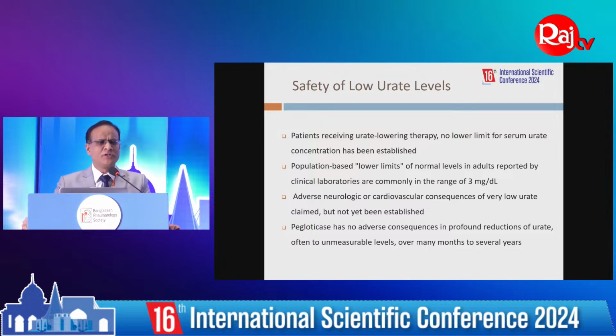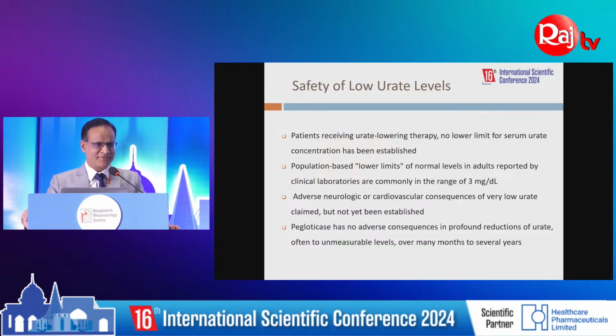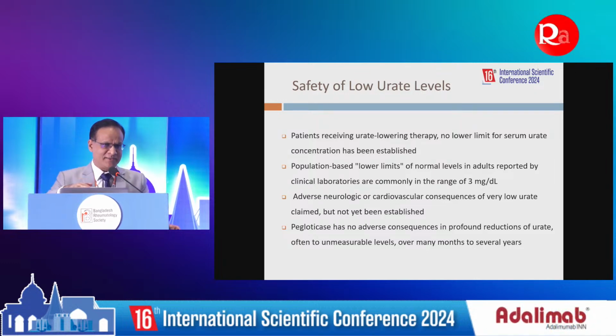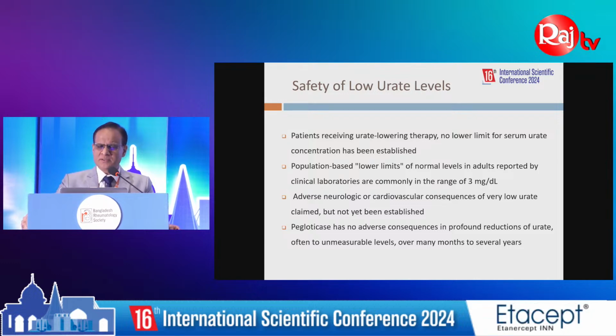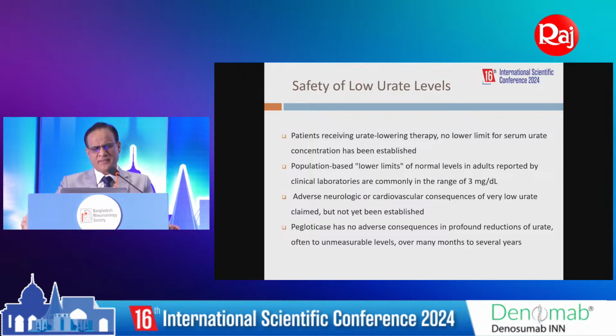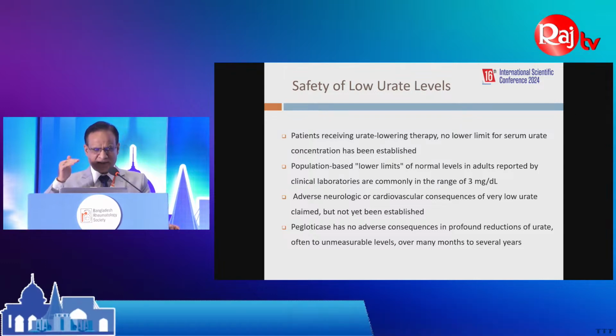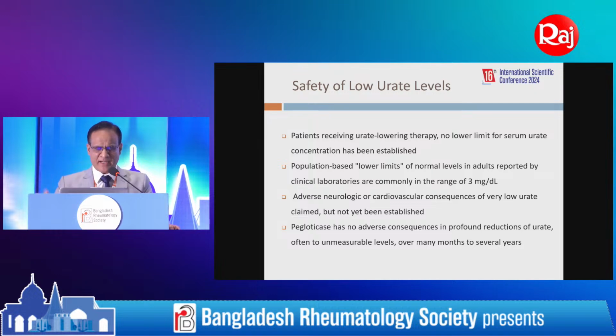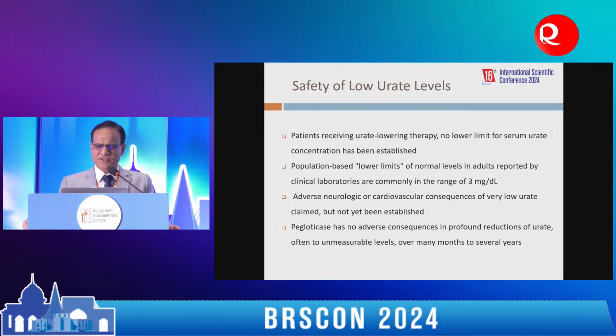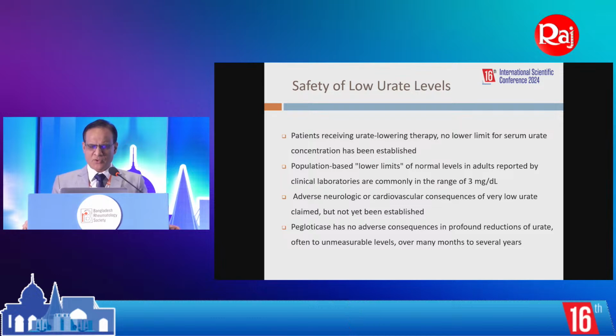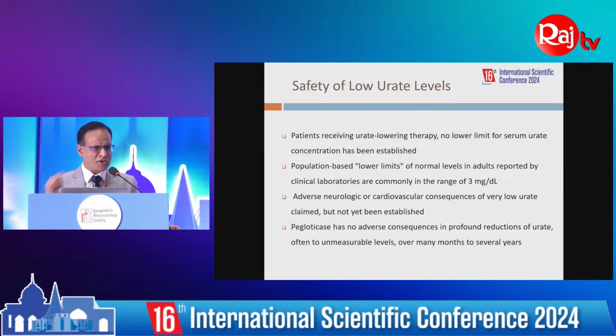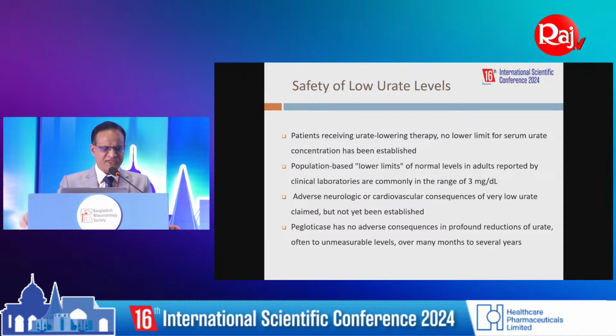And safety of low urate level. I already mentioned what lower level is safe. It is clear there is no lower limit of serum urate level. The population-based lower level is about 3 milligram per dL. But what bubbles in our mind sometimes is adverse neurological or cardiovascular consequence of very low urate level, which is claimed but not yet established at all.